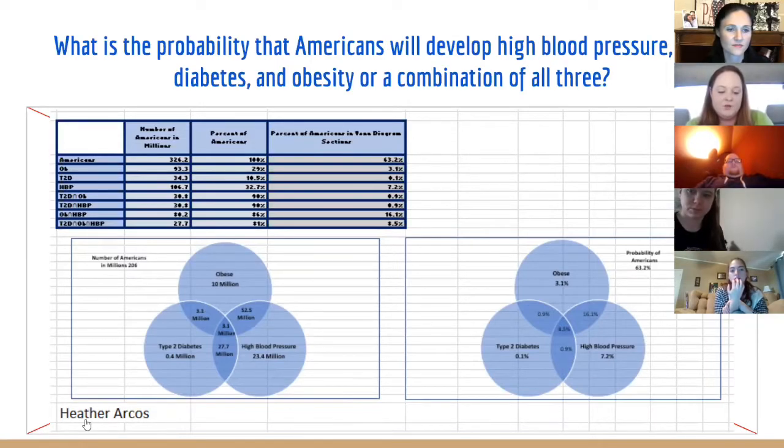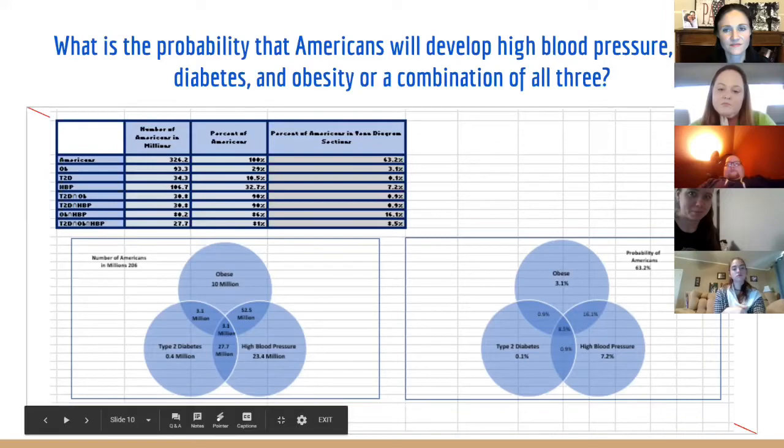There is a 0.9% chance that they could have obesity and type 2 diabetes, a 16.1% chance that they could have obesity and high blood pressure, and a 0.9% chance that they could have high blood pressure and type 2 diabetes. And then we look at the percentage rate of them having all 3: high blood pressure, type 2 diabetes, and obesity. This rate seems to be higher than some of the combinations that I previously talked about, at about 8.5%. Thank you, Heather.